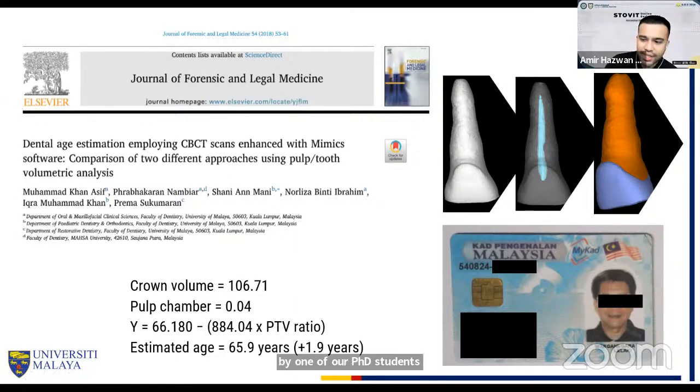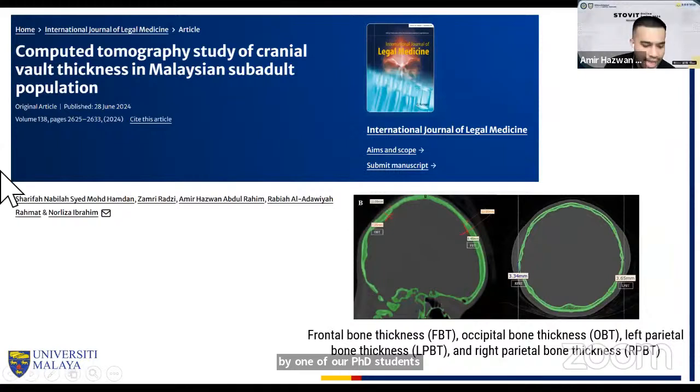ex-PhD students. As I mentioned also, this was one of the PhD projects by one of Dr. Rabia's students. And also we have our oral and maxillofacial radiologist who is very involved with our forensic odontology unit, Prof. Noliza Ibrahim.